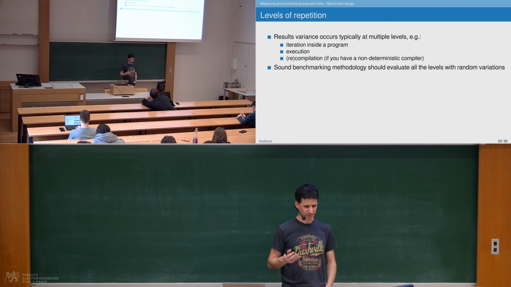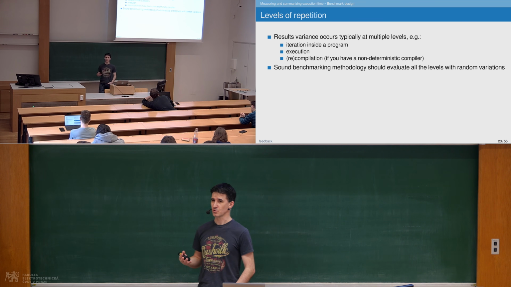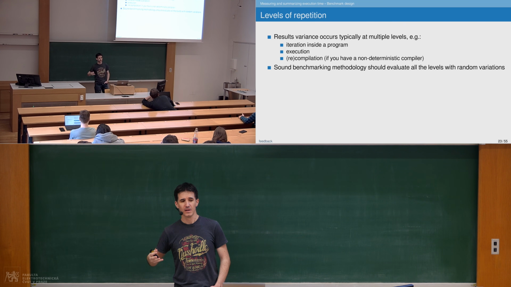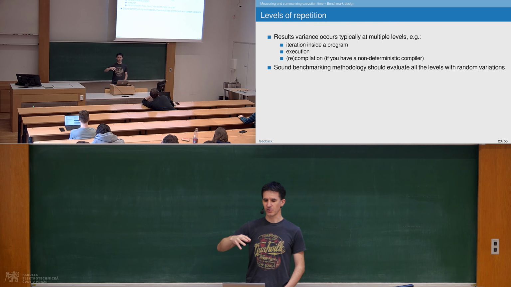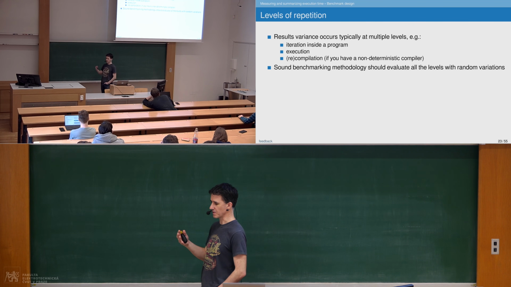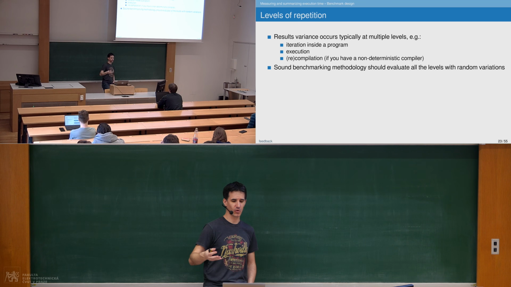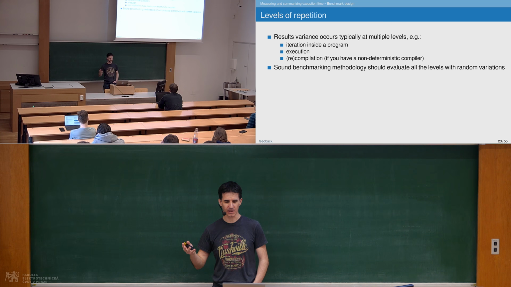And now there are actually multiple things which you can repeat. For example, if you are measuring a single function inside your program, you can just repeat that function. But sometimes every time you rerun the program, the function runs differently, because the execution time of your function depends on how the memory is allocated.